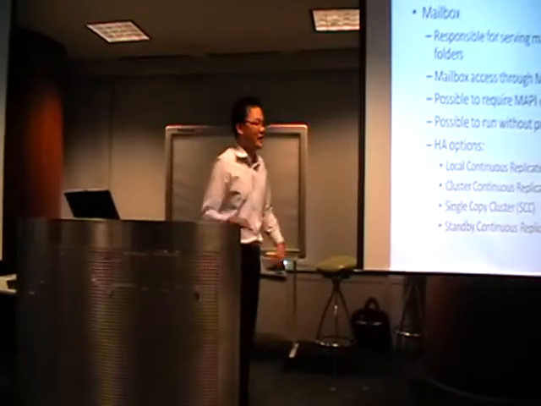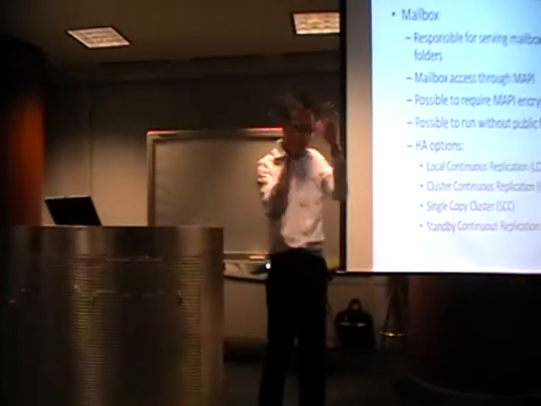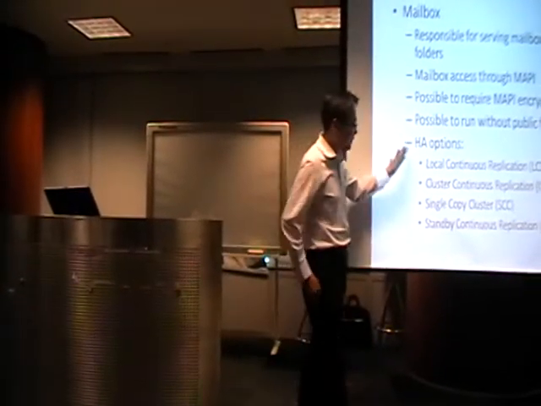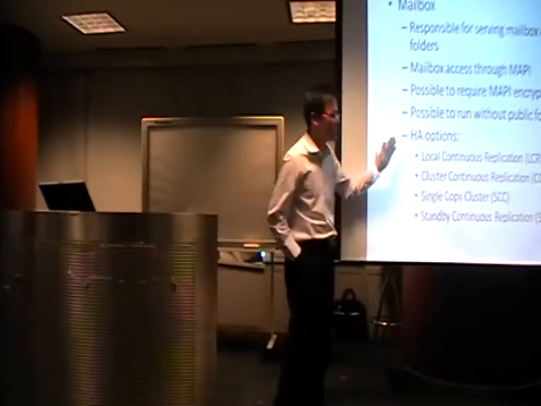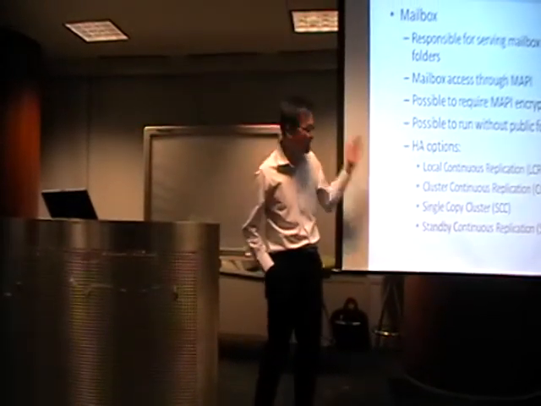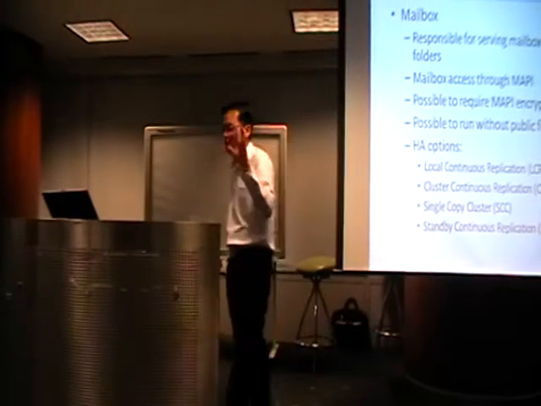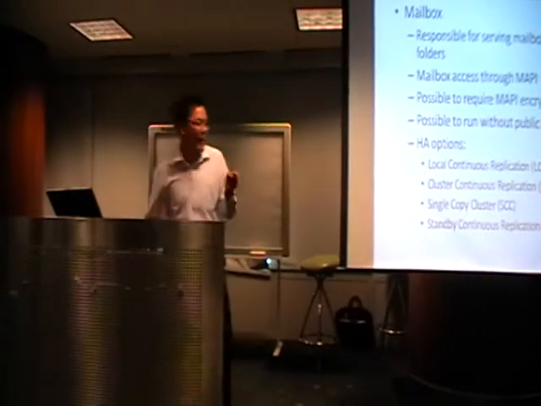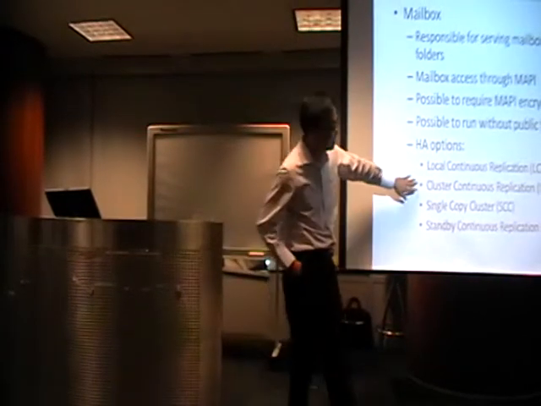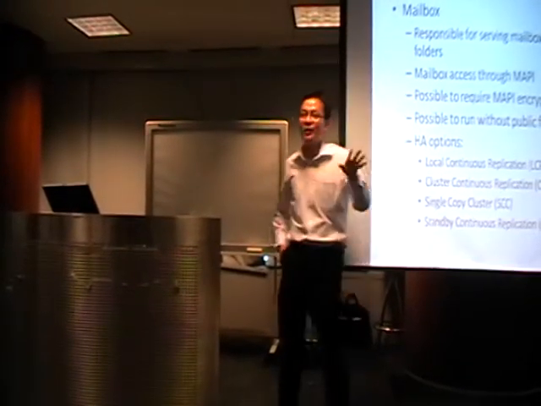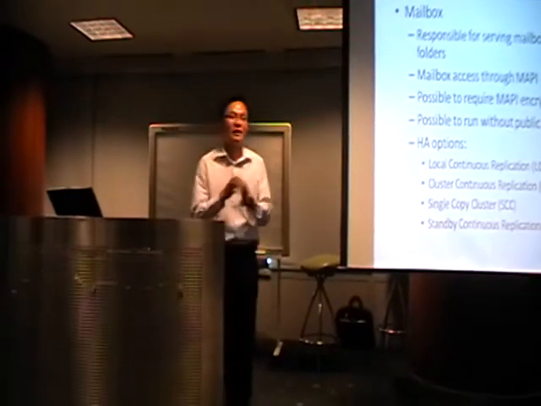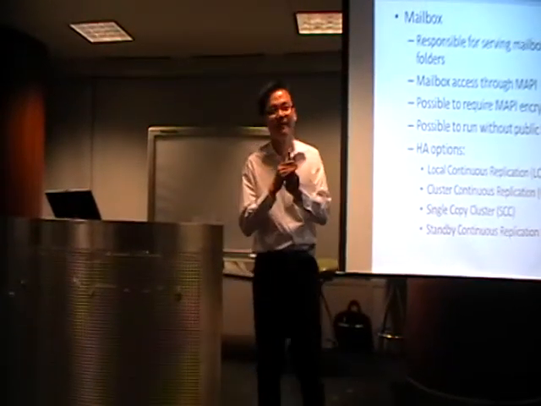So the mailbox, whatever I see in my Outlook, is hosted under this role. And remember, just now we were talking about some HA options like LCR, CCR, SCR, those things, right? They will be under the mailbox role. If I decide to have a CCR on my mailbox role, that means in this case our requirement is at least 3 servers.